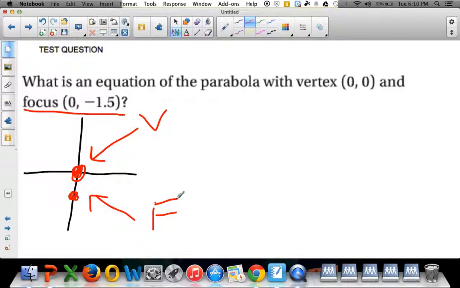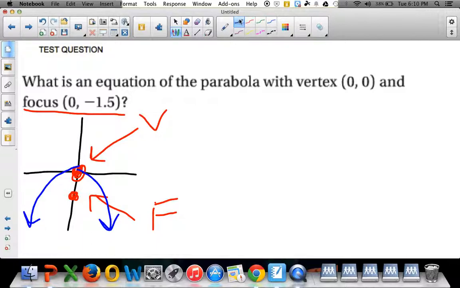Knowing that my focus point is going to be inside my parabola, I can see that my parabola is going to open either up or down. So this is going to be a vertical parabola, which is facing down.